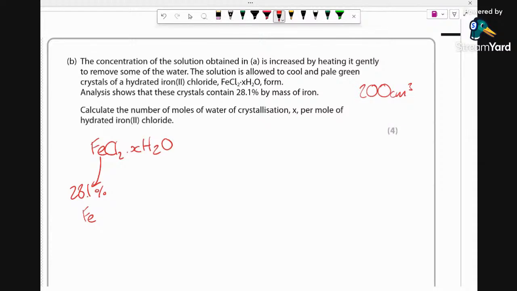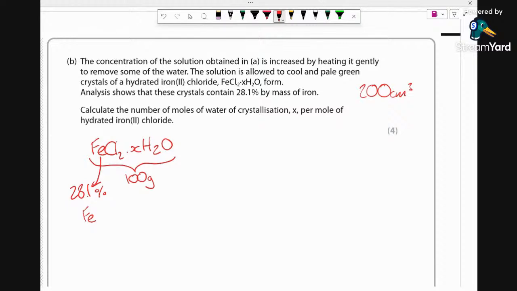Now this is a clever trick, because what you need to do is make a really big assumption. In order to work out the moles of crystallization, you need to be able to get the mass of it. So you're going to make a massive assumption that you've got 100 grams of FeCl2.xH2O.